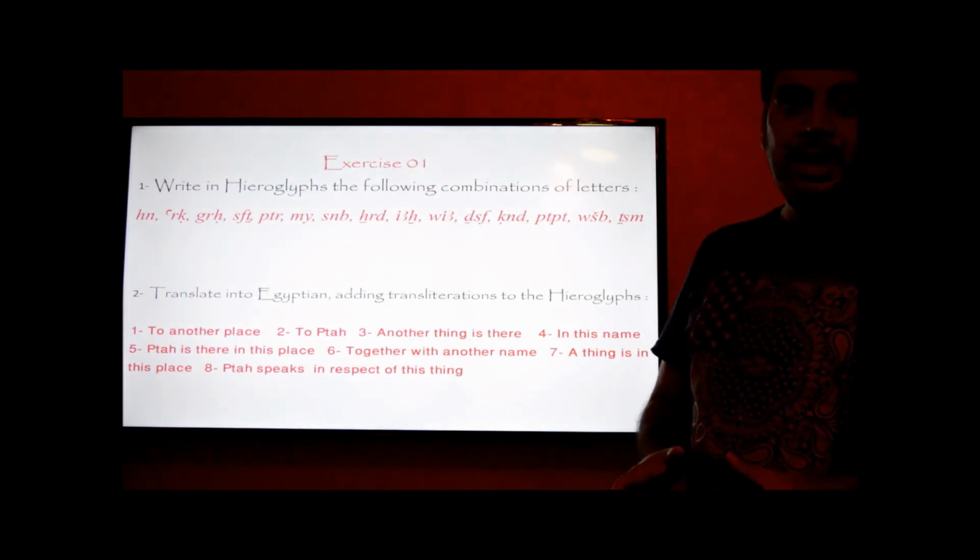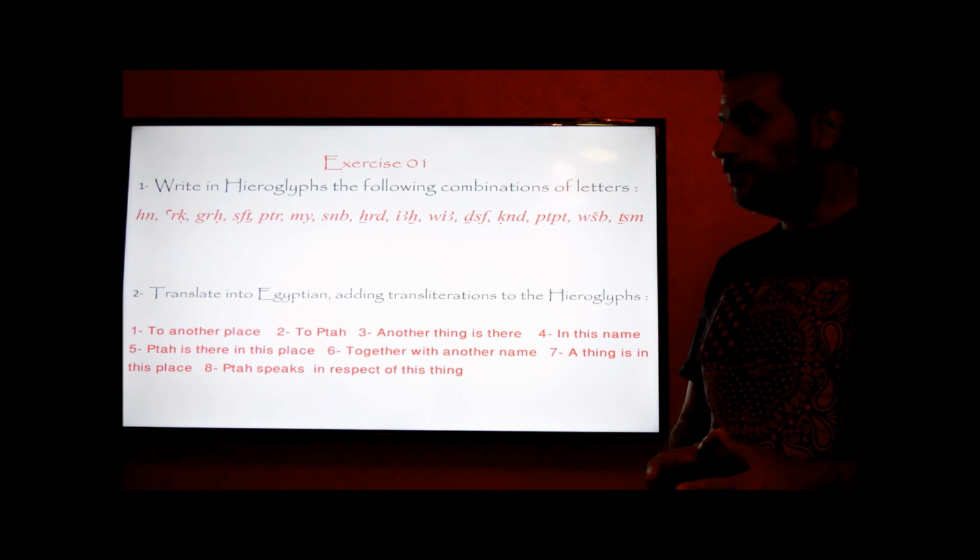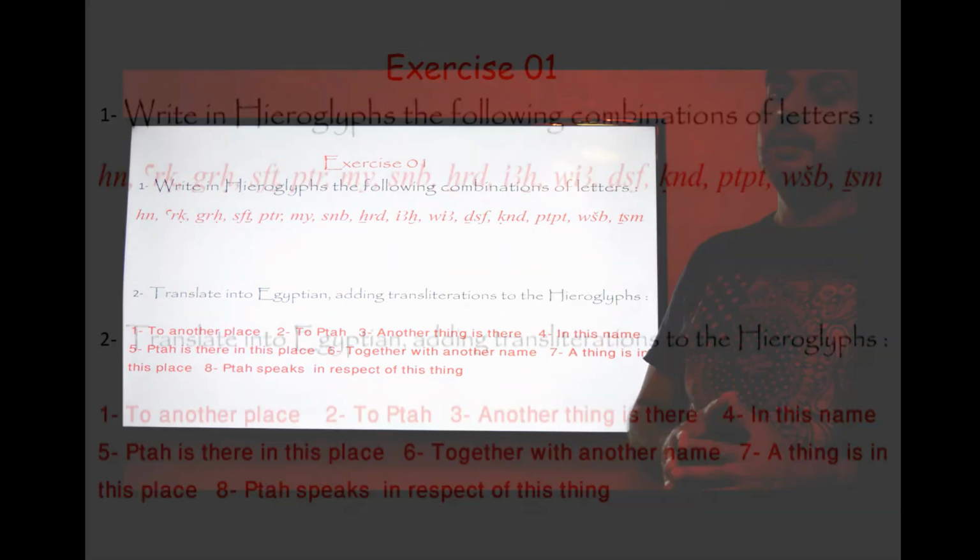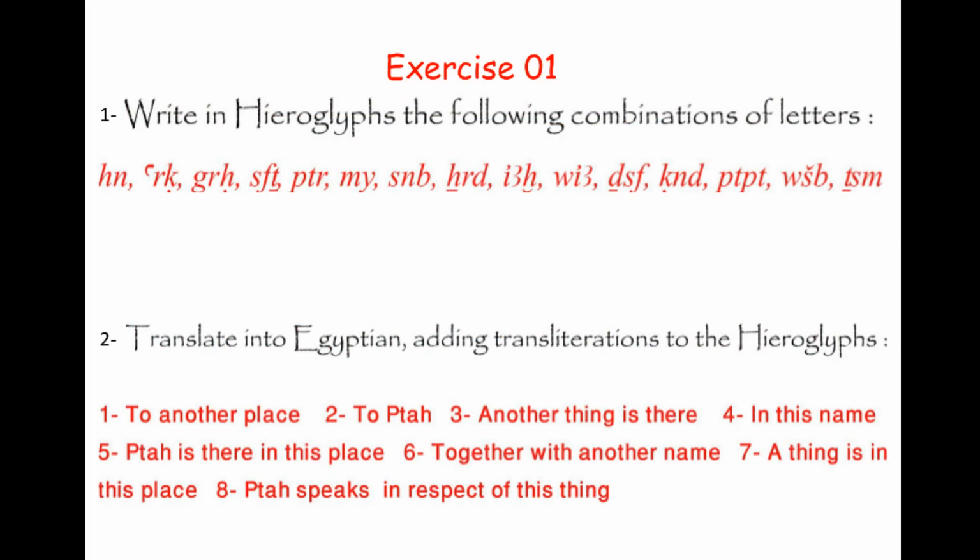So now we came to the end of our lesson. This is your homework, and I'm expecting you to answer the homework and send it to me by email. You will find all the details written in the PDF attached to the lecture.